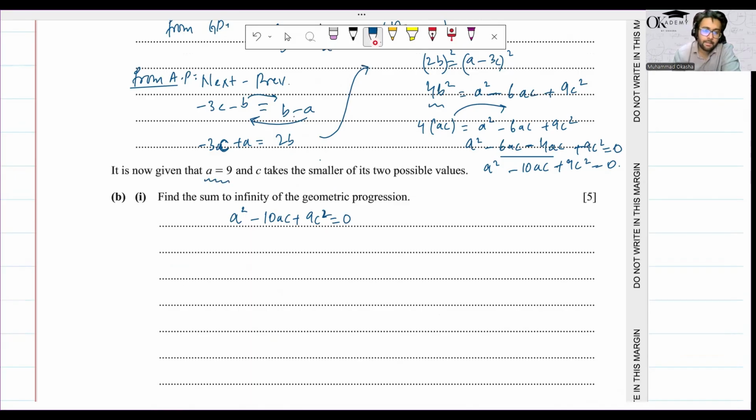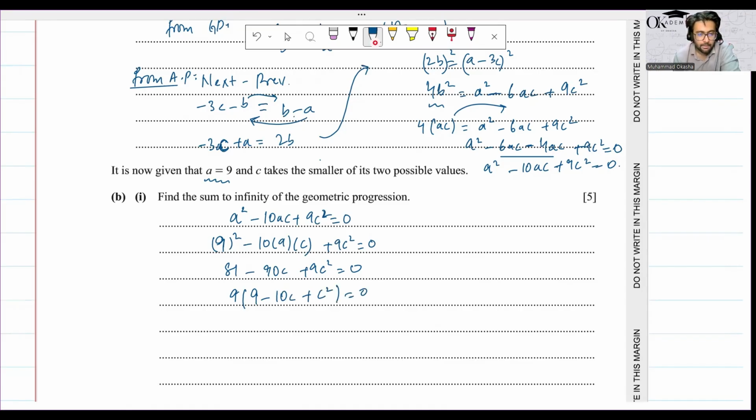Instead of a, I'm going to put 9. That's going to be 9 squared minus 10 times 9 times c plus 9c squared. It's going to be 81 minus 90c plus 9c squared. And if I take out 9 as common, I'm going to get 9 times 9 minus 10c plus c squared equals 0.